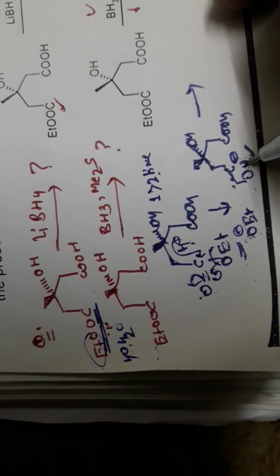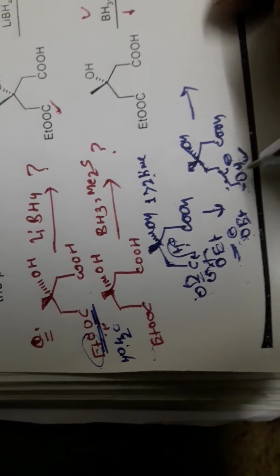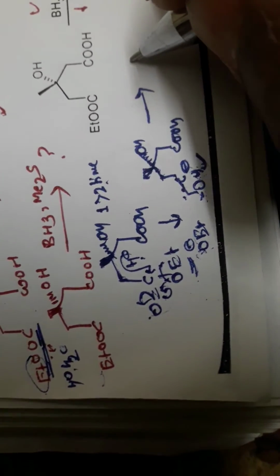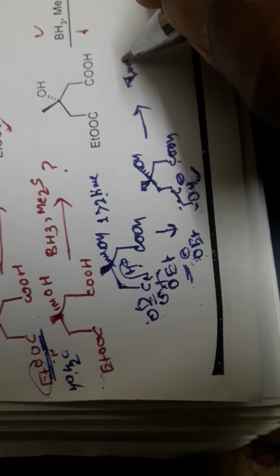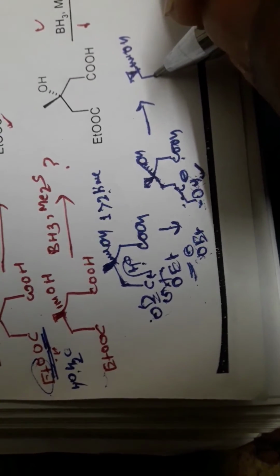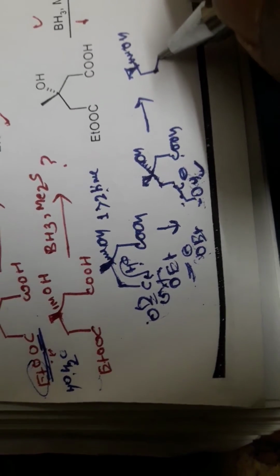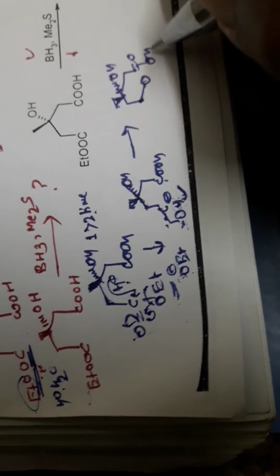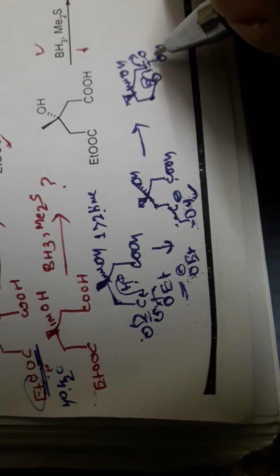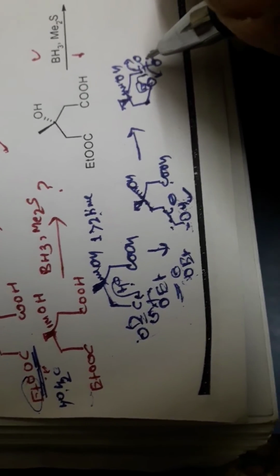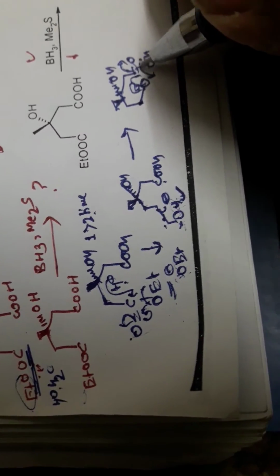So here what happened, again minus charge will be generated, this hydrogen will be released out here, because it will subtract hydrogen, and minus charge will be generated, which will act on this carbonyl. So minus charge will shift here, and this carbonyl, after that what happened, this will be released out, this charge will be reversed, and this OEt will be released out.